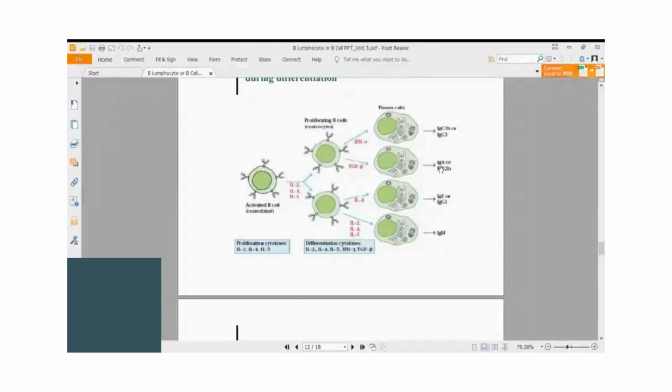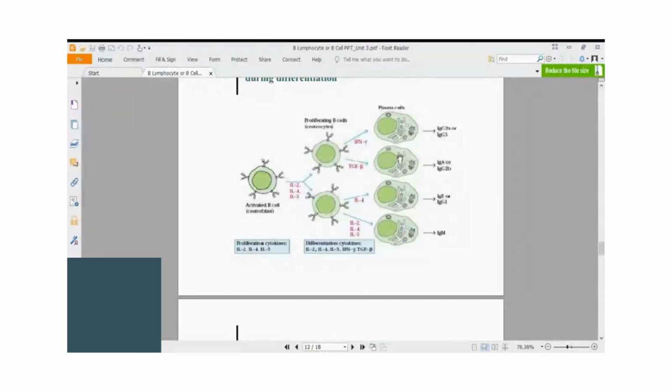IgA class of antibodies are required in secretory fluids. Let us presume that the B lymphocyte has undergone activation on the intestinal surface, in the mucosal associated lymphoid tissue, and it has encountered the foreign antigen in the mucosal area of the intestine.